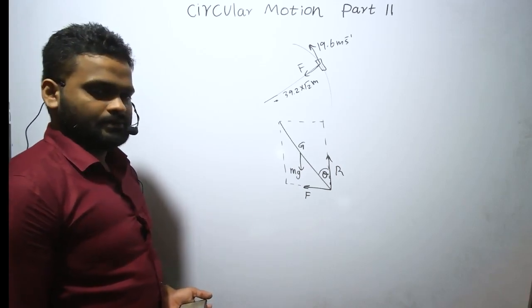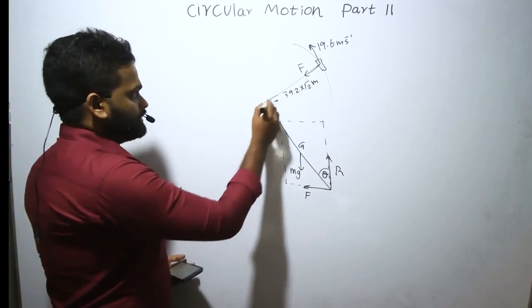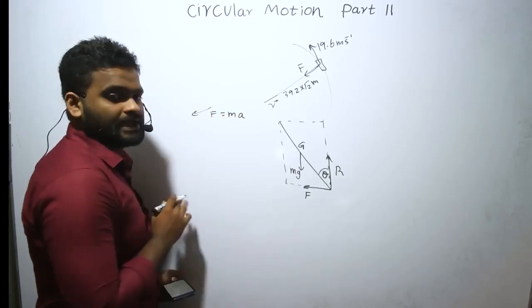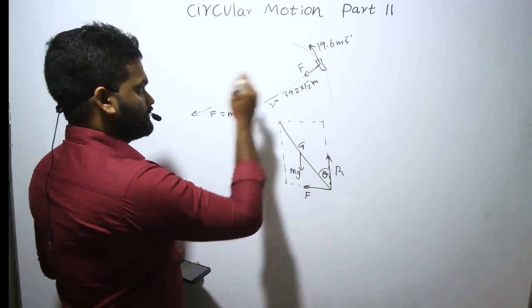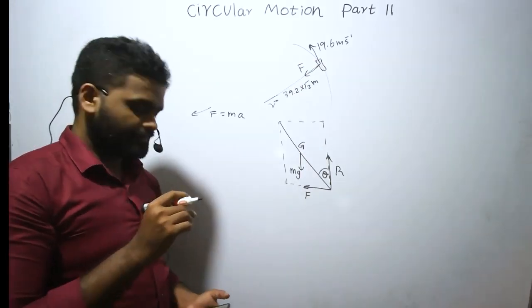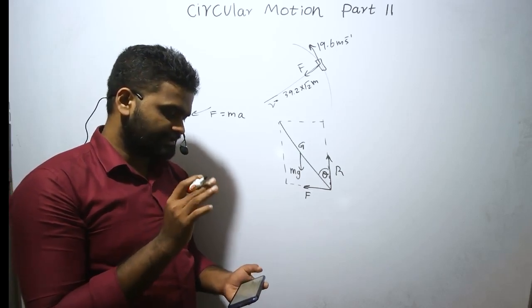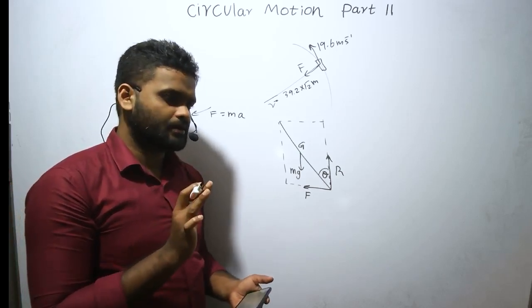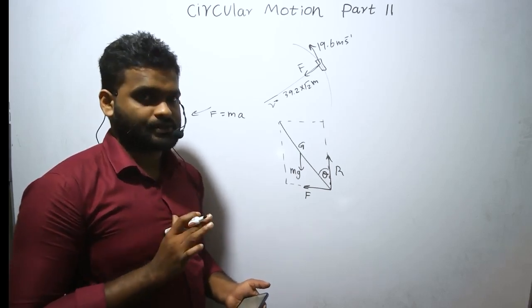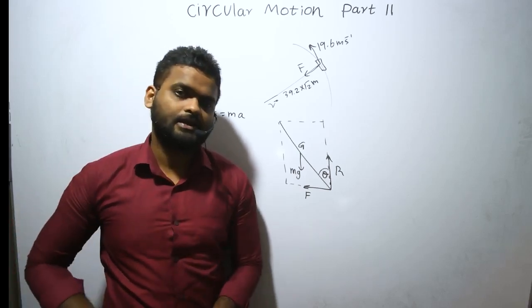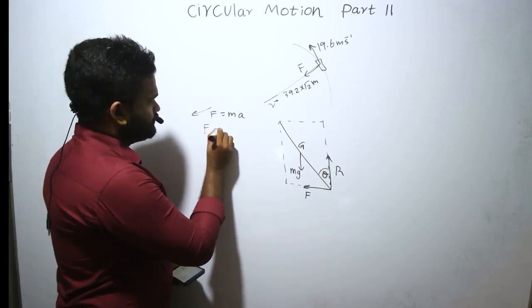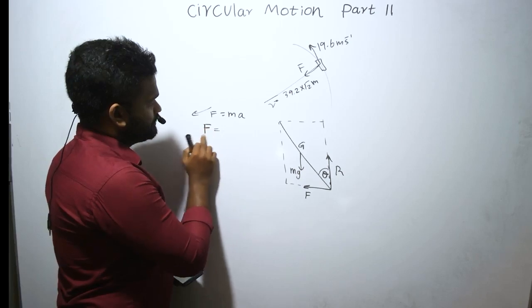As usual, I'll first apply F equals ma towards the center. We always do that. Friction is the force. Nowhere in the question do they mention anything about a limiting condition, so you cannot apply mu R in this question. Using this, you can find the friction.